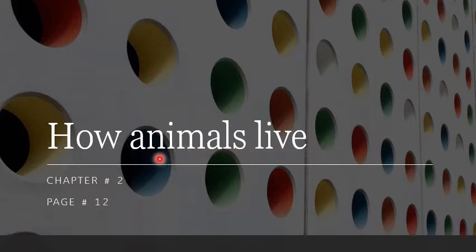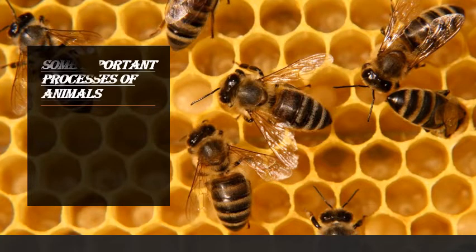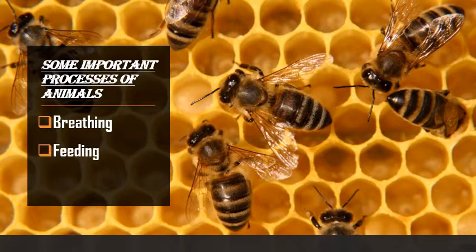What are these? Let's see. Here are some of the important processes of animals, including breathing, feeding, and movement. These are the 3 processes which we are going to learn in detail in this chapter.